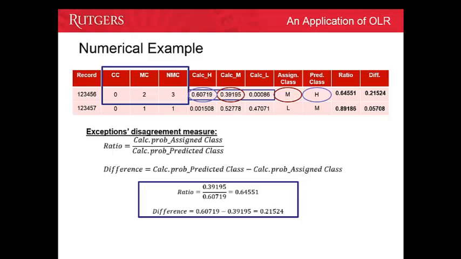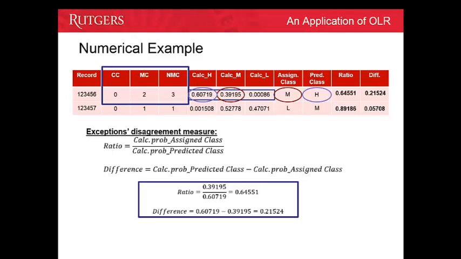They should focus more on the first record because the difference is higher. In other words, the disagreement between the auditor's judgment and the predicted value was higher. They were further away from the value than in the second record.